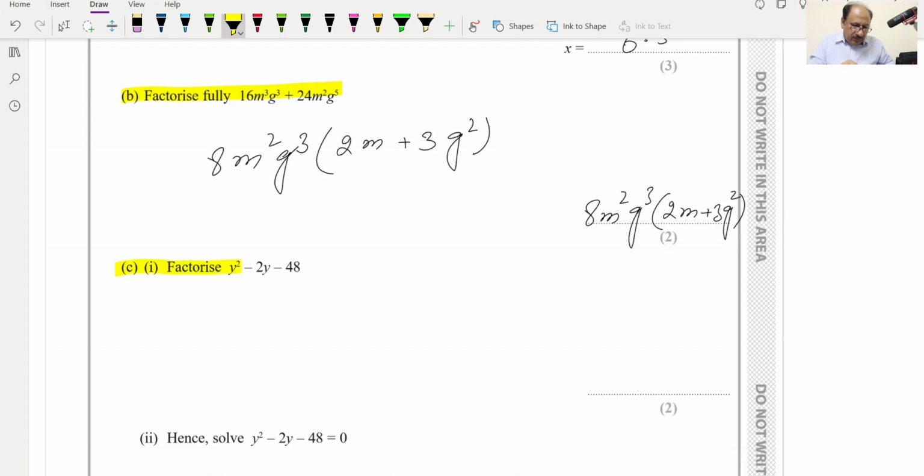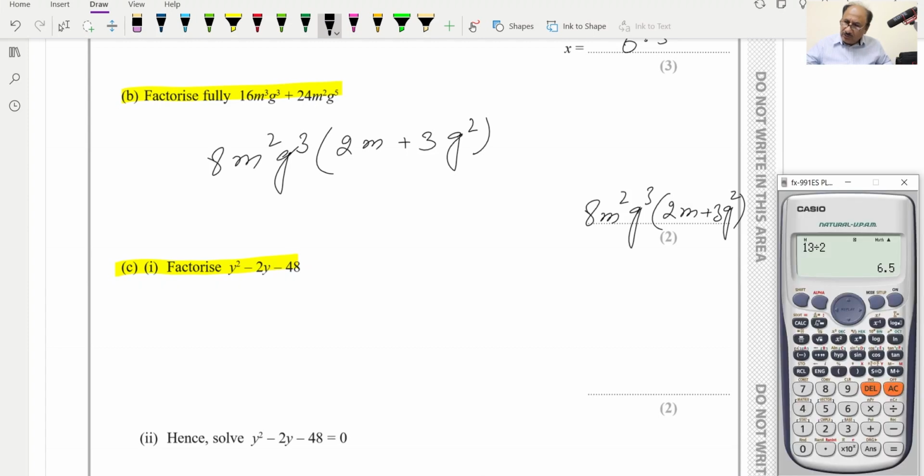Now part C part 1, factorize this expression. For this one we can use calculator mode 5 3. The coefficient of y squared is 1, the coefficient of y is minus 2, and the constant value is minus 48.